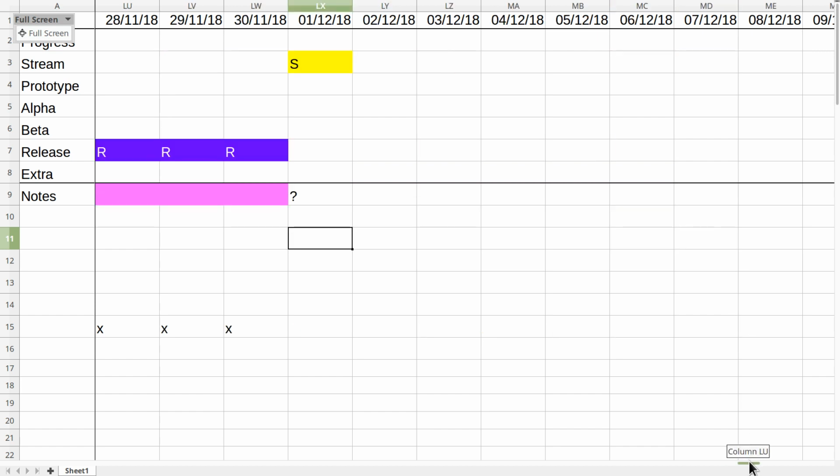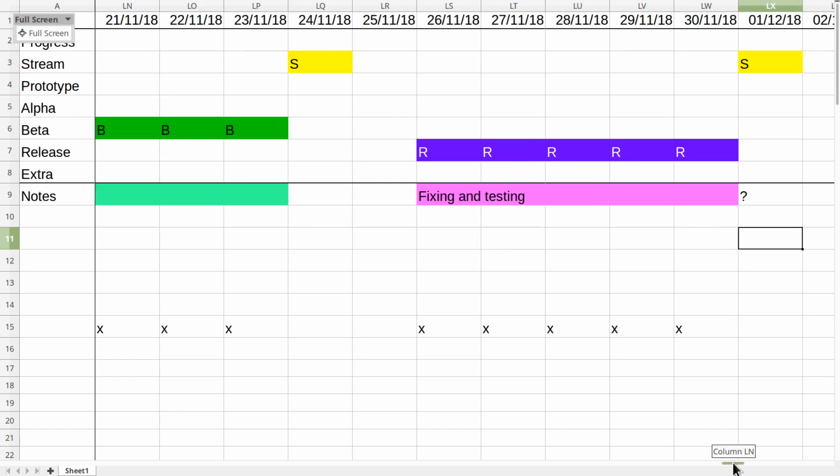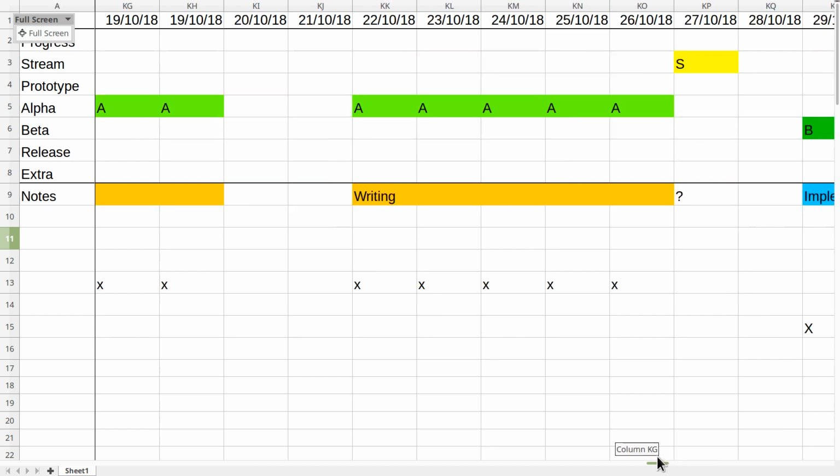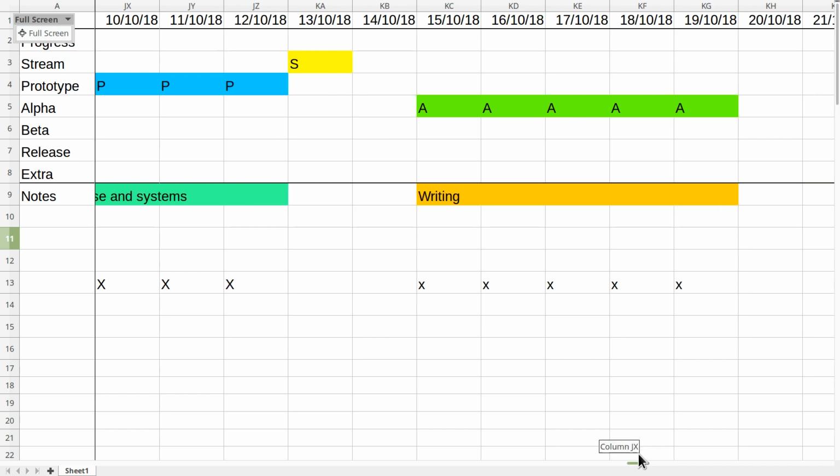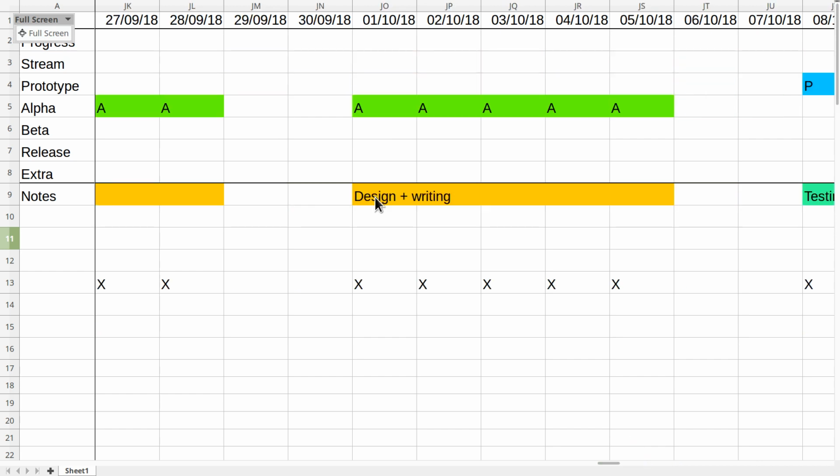I was unsure. I had options, and now 2 of the options merged together pretty well. Let's change that to research plus writing.